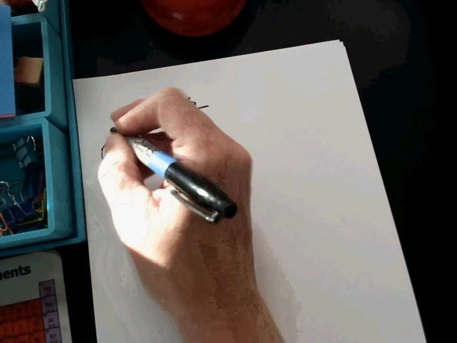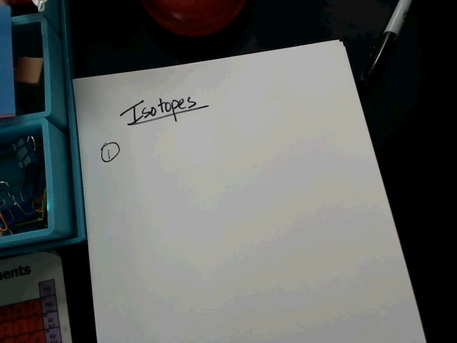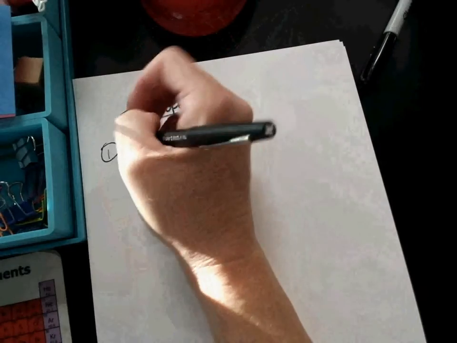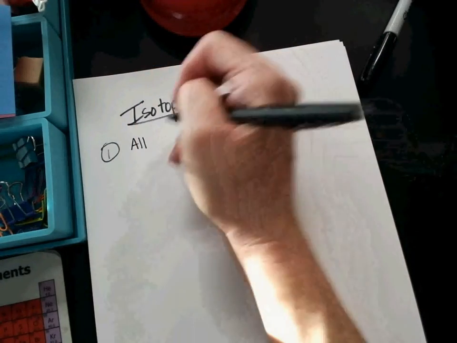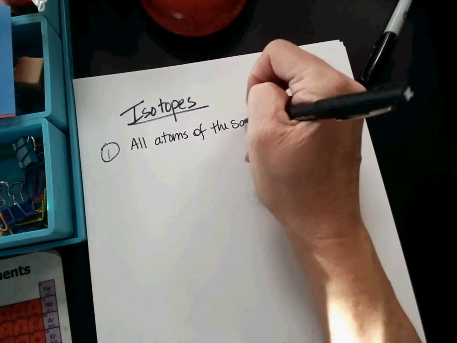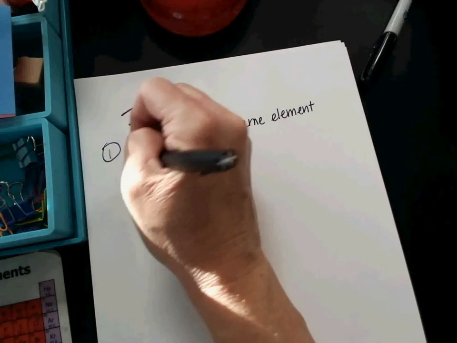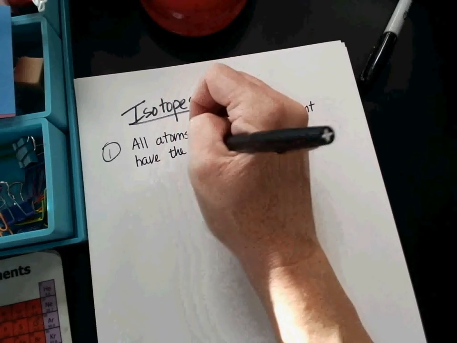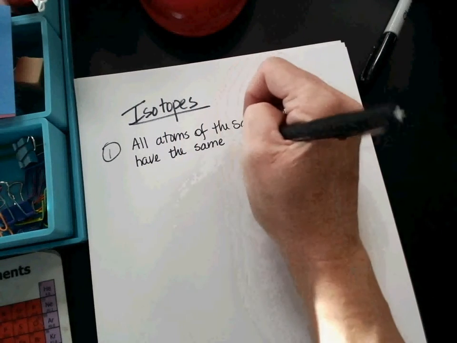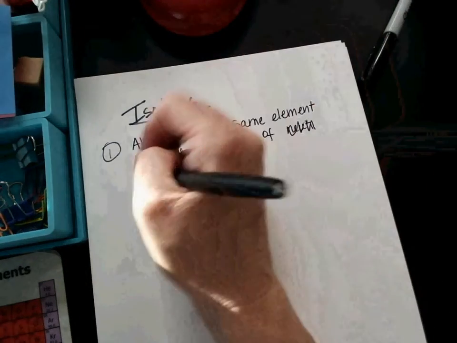First thing we need to know, I'm just going to go through some rules. The first thing you need to know is all atoms of the same element have the same number of neutrons. No, sorry, protons.